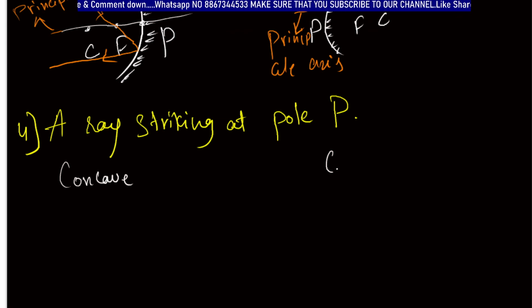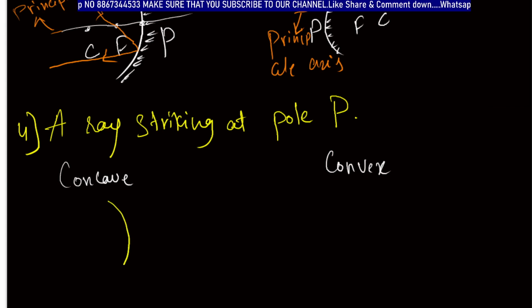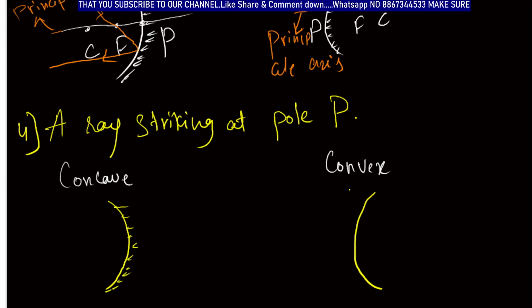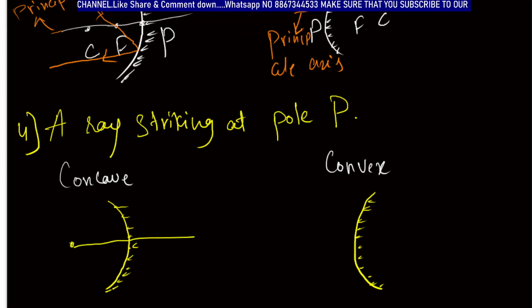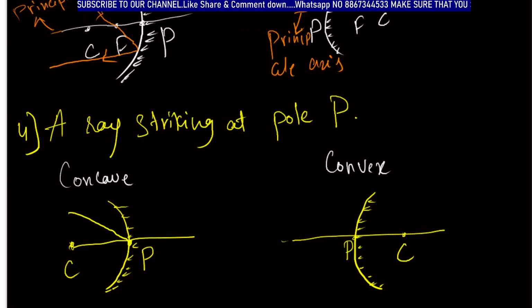Concave mirror, convex mirror. This is the principal axis, this is P. So whenever a ray strikes the pole, it reflects back in the opposite direction.